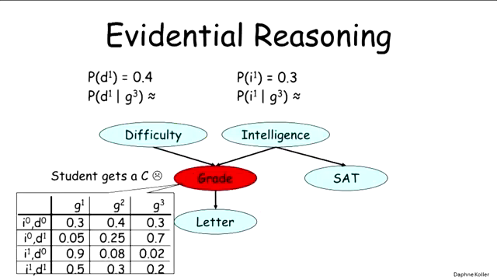You can also do evidential reasoning. Evidential goes from the bottom up. So we can, in this case, condition on the grade and ask what happens to the probability of variables that are parents or in general ancestors of the grade. So let's just imagine that this poor student takes the class and he gets a C. Initially, the probability that the class was difficult is 0.4, and the probability that the student was intelligent is 0.3.